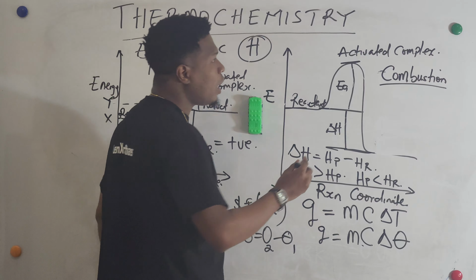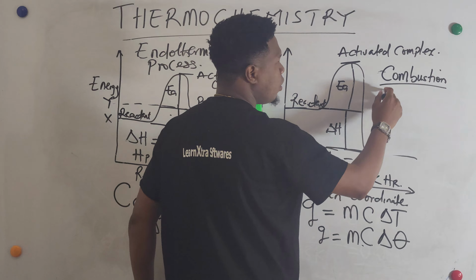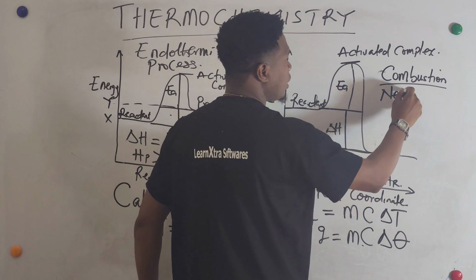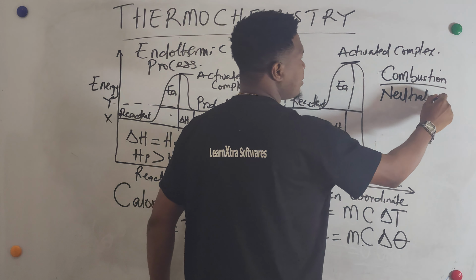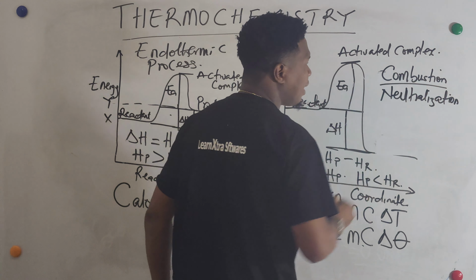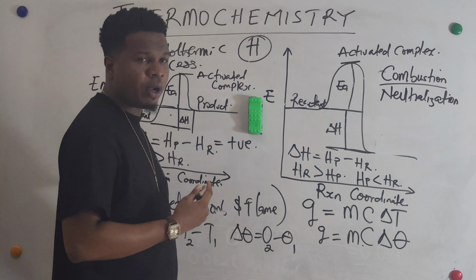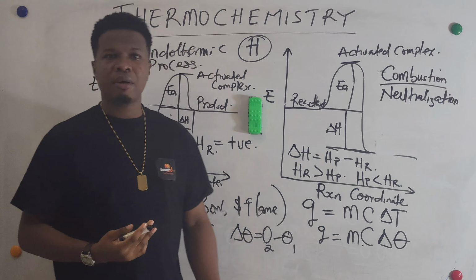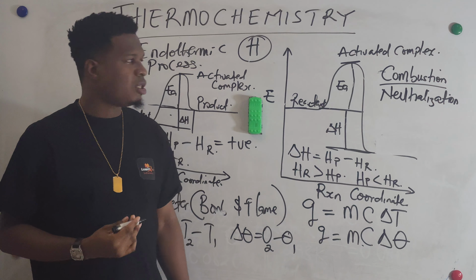You should also look at some heat from neutralization reaction. Neutralization reaction is a reaction between an acid and an alkali to form salt and water. When such a reaction happens, heat is either absorbed or produced depending on the reaction.